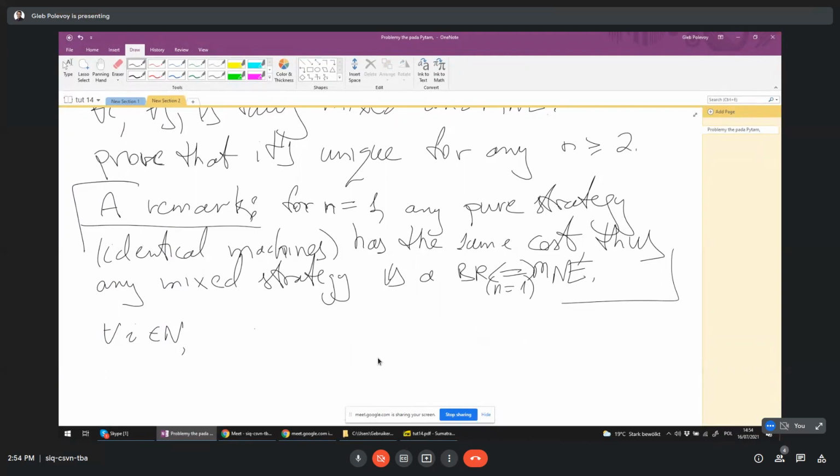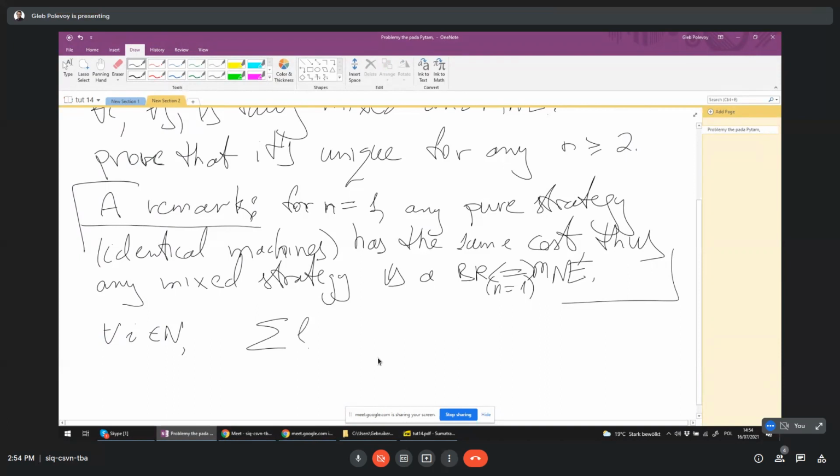So what it means is that if I look at the expected load of each machine minus the expected load of that player, that is, the expected load of the others, it has to be the same for every machine.